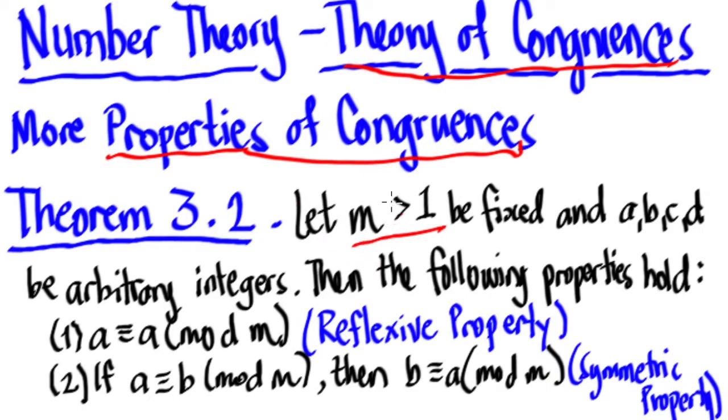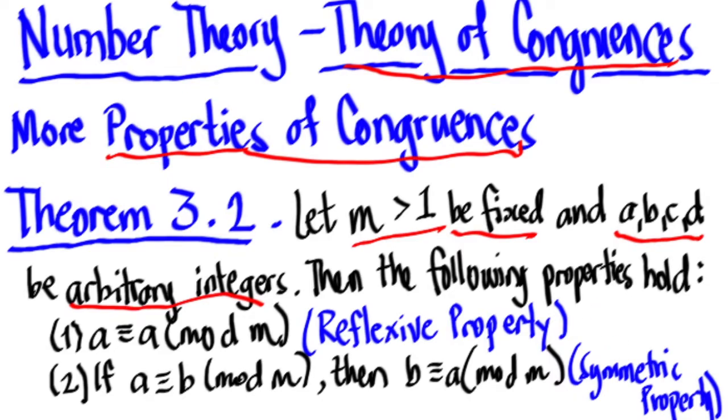Even though nothing tells us that they are positive integers, it should be understood given our chapter or given our subject. So let m, the modulo, be fixed, and a, b, c, and d be arbitrary integers. Then the following properties hold.